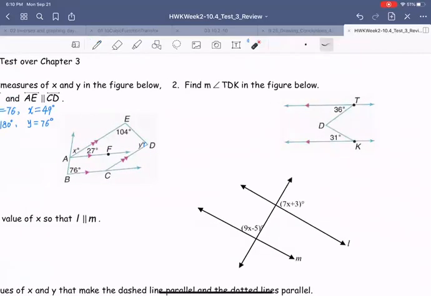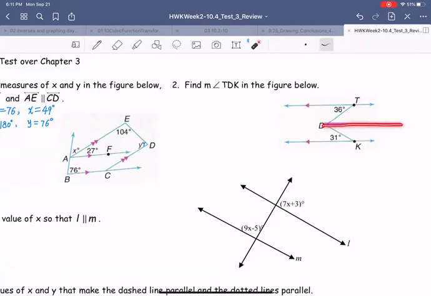They ask you to find angle TDK. So based on this graph, what do you think TDK should equal? I draw a line, okay?